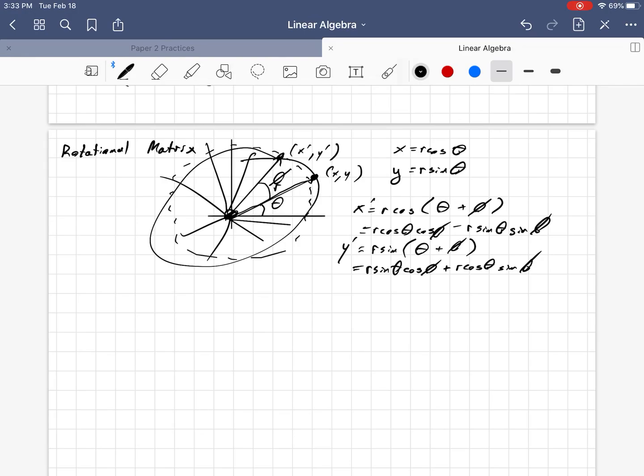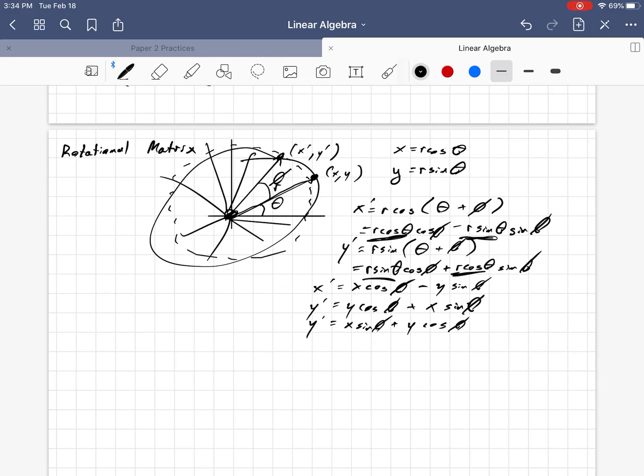We could simplify this some more because x prime is really just, this part right here is x cosine phi, and this part here is y, so minus y sine phi, and y prime likewise is y cosine phi plus x sine phi. I'm going to change the order of y just so my x's are in line with my x's and make it x sine phi plus y cosine phi.